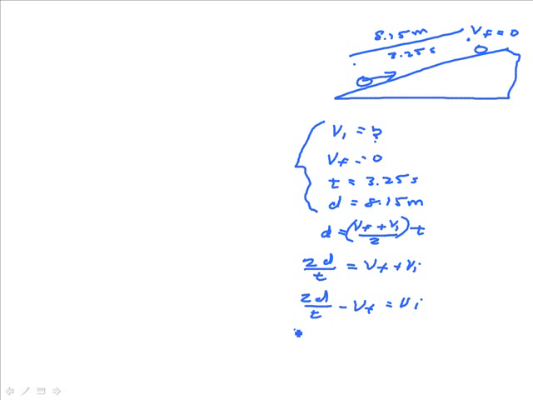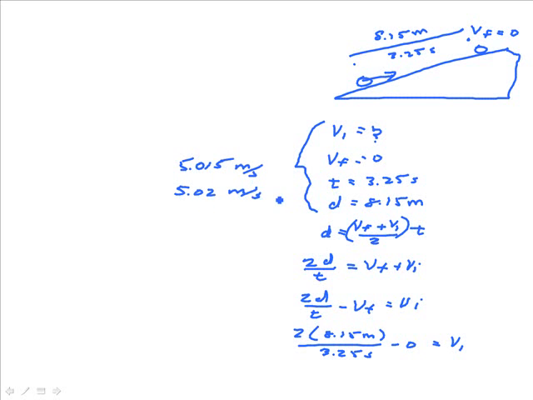And so 2 times 8.15 meters divided by the time, 3.25 seconds, minus 0 is equal to Vi. And of course our solution is 5.015 meters per second. And of course we'd round that to 5.02 meters per second.